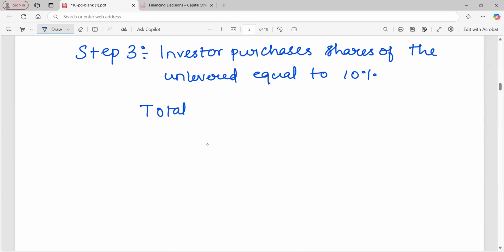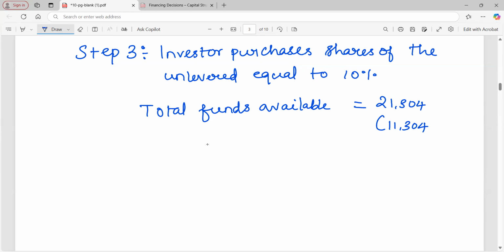So total funds available with the investor is equal to 21,304. How 21,304? Because in the first step, he sold the shares and he received 11,304, plus, in the second step, he borrowed further 10,000. So totally he has 21,304 rupees in his hand.